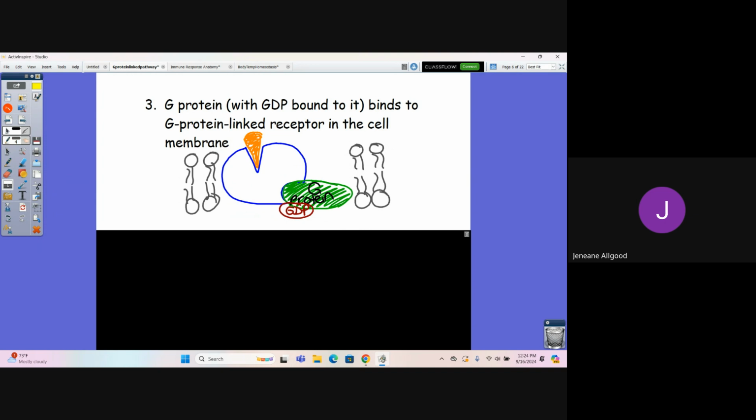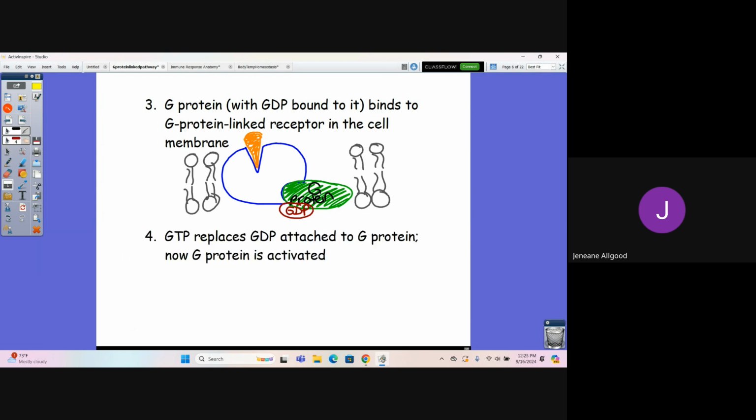So when the signaling hormone binds, it causes this to change shape to carve out a little space for that G protein to bind. And the G protein binding is like you plugging your phone up to somebody else's charger because you need it to have more charge on it, right? And so that's kind of going to bring about our next step. Now notice the phospholipids. This is still happening in the cell membrane.